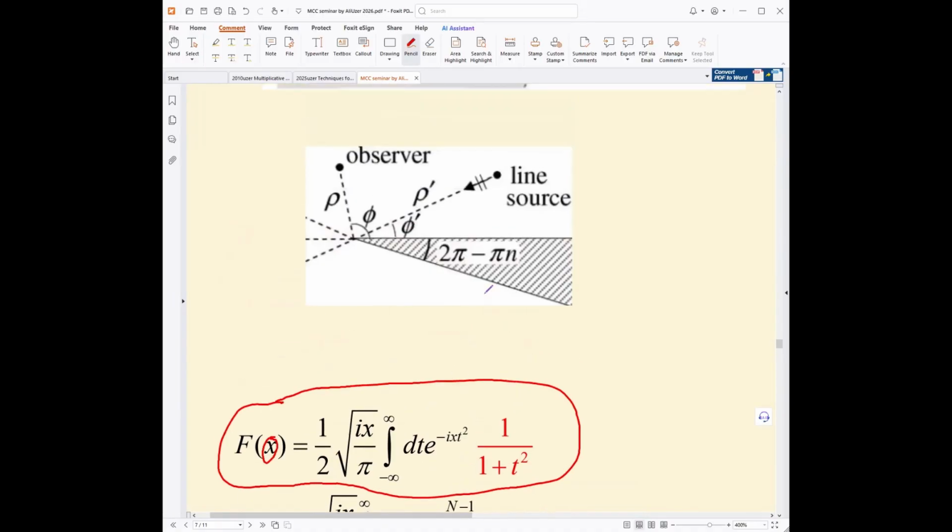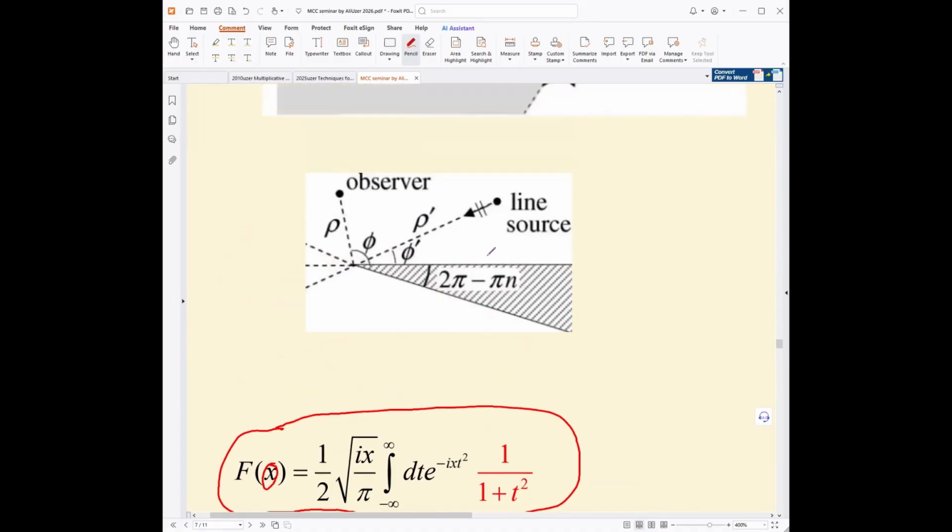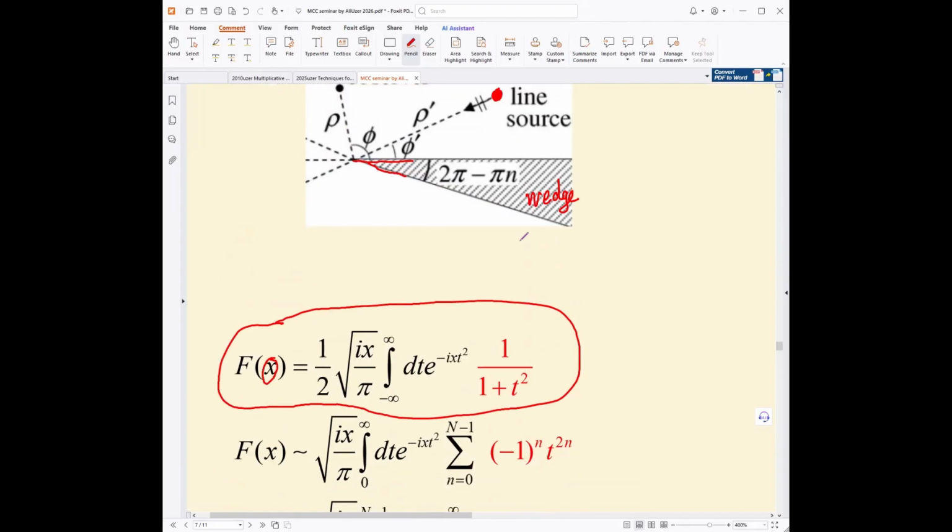In this type of wave diffraction problems, this is a boundary value problem. This is called a wedge, and there is a source or initial values, etc. Calculation of the full solution may be obtained by first evaluating this type of integral.